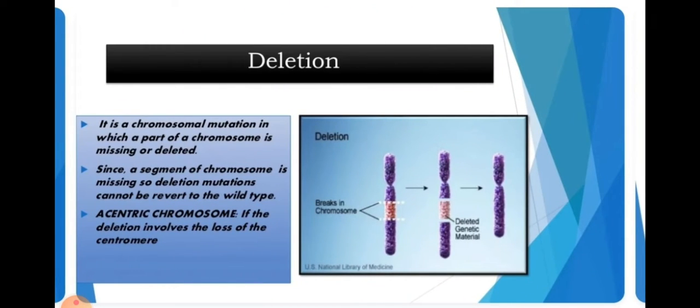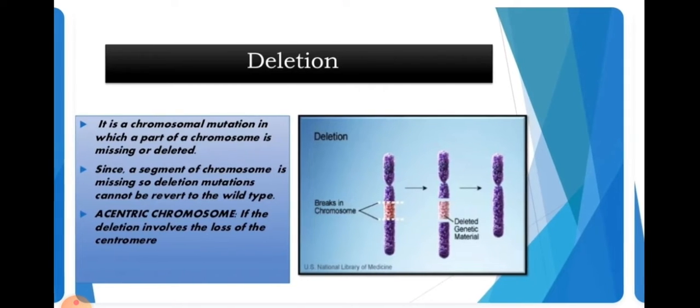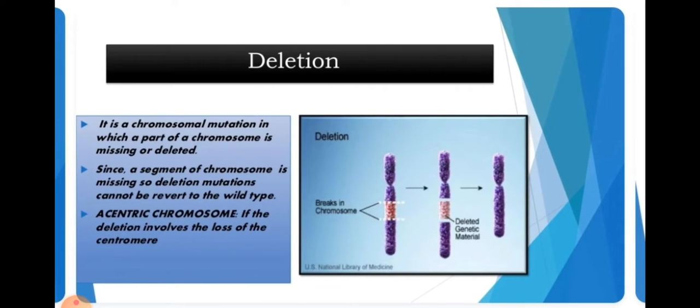So one by one we'll see. First one is deletion. Here you can see the diagrammatic picture of the deletion. It is a chromosomal mutation in which a part of the chromosome is missing or deleted. Here in the figure you can see the break in the chromosome, so the segment will go missing.